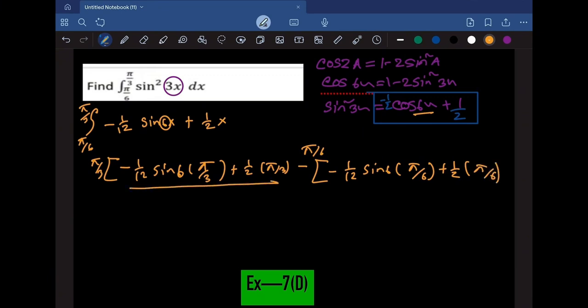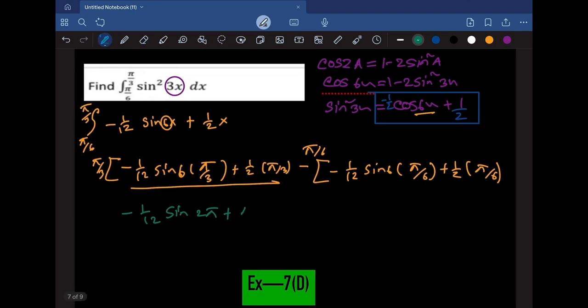It will become minus 1 by 12 sin 6 into pi by 3, which is 2 pi, plus half pi by 3, which is pi by 6.